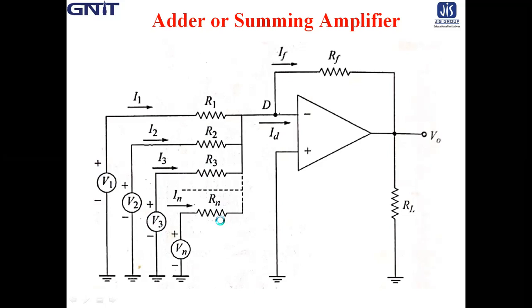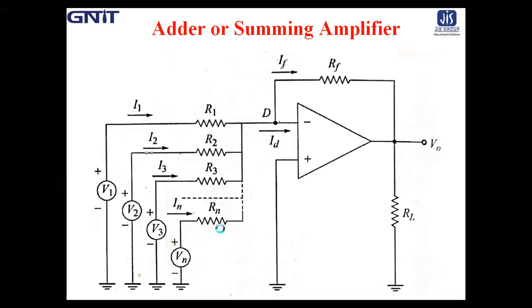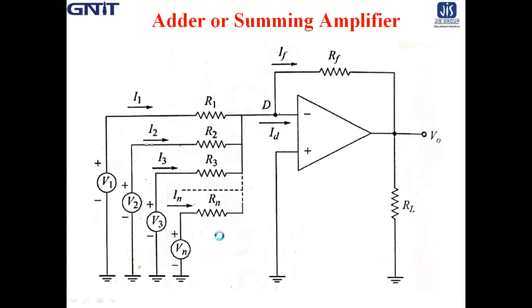For the same reason as in the case of the inverting amplifier, the inverting terminal of the op-amp acts as virtual ground. That is, D is at ground potential. The input impedance of the op-amp being infinity, the sum of the currents I1, I2, I3 up to In will be equal to If, as ID is 0, by following KCL.